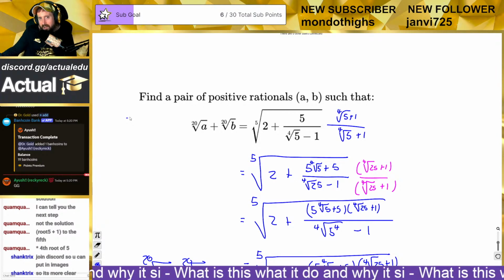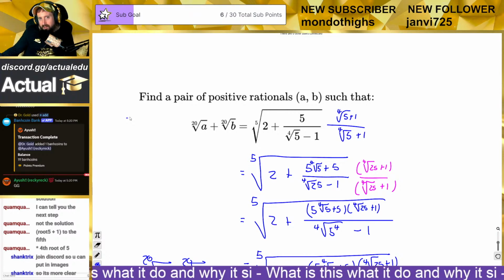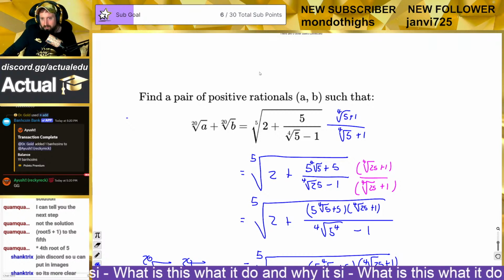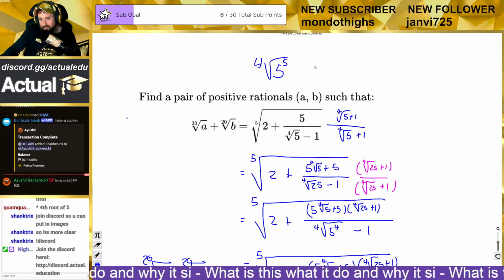Fourth root of 5 to the 5th. You're saying this? Fourth root of 5 to the 5th?